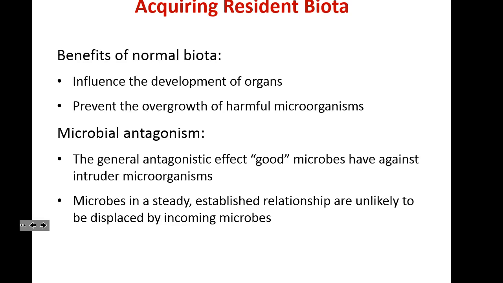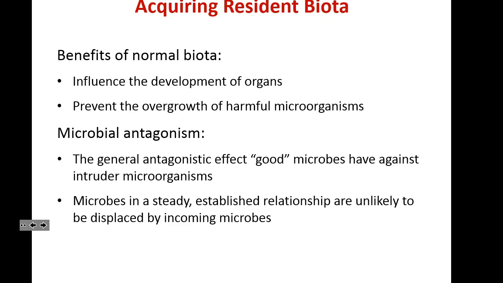Some benefits of normal microbiota: they influence the development of organs and prevent the overgrowth of harmful microorganisms. Microbial antagonism is the general antagonistic effect good microbes have against intruder microorganisms. Microbes in a steady, established relationship are unlikely to be displaced by incoming microbes.